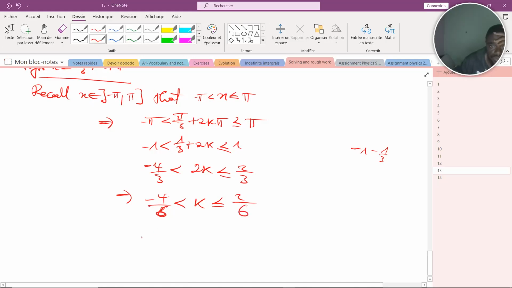Yes, 2 on 6. So it implies we'll have here 4 divided by 6.